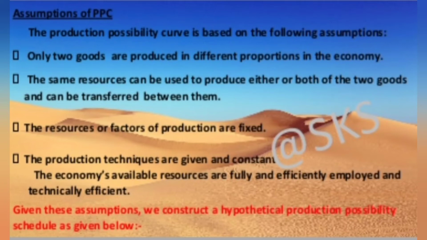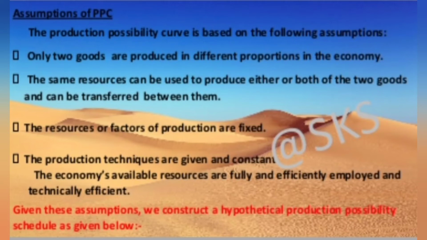And as I have mentioned now, the resources can be transferred from the production of one good to the other. In a PPC, we are mentioning only two goods. That is one of the main assumptions. And how much of the two goods to be produced?